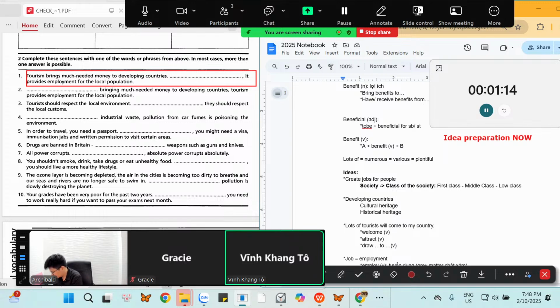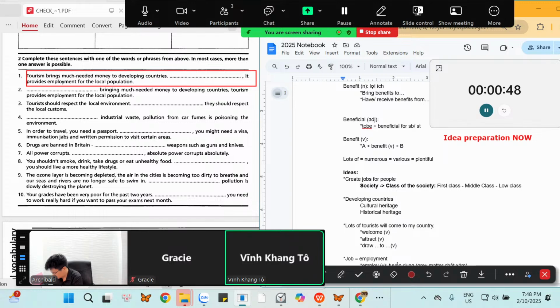It injects cash into the local economy, and this increased demand for services also creates jobs in the hotels, restaurants, and tourist companies.